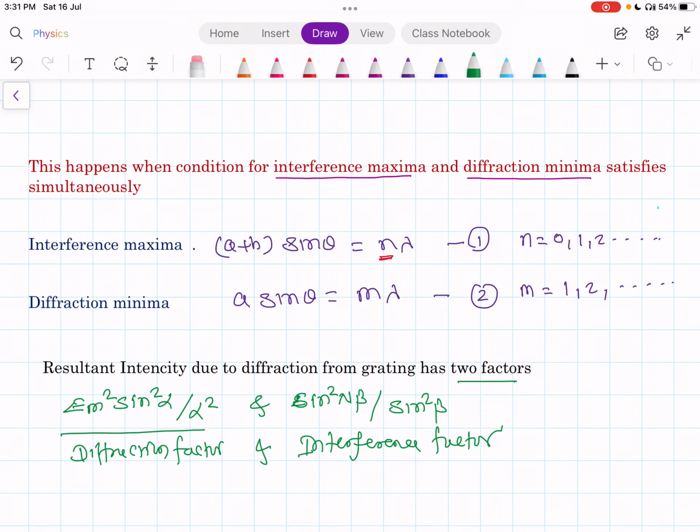So if at a certain direction, what is the condition? When the diffraction orders are missing, when the interference maxima and diffraction minima conditions are satisfied simultaneously.